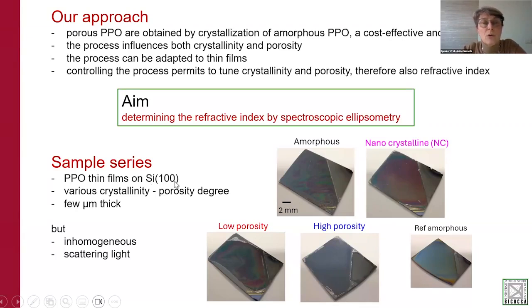Our samples were all deposited by spin coating on single crystal silicon, and exactly the same silicon was also used as a reference measured by spectroscopic ellipsometry, with the parameters fixed to be able to always use the same conditions as data for data regression. We have various degrees of porosity and crystallinity, and the problems I already mentioned.